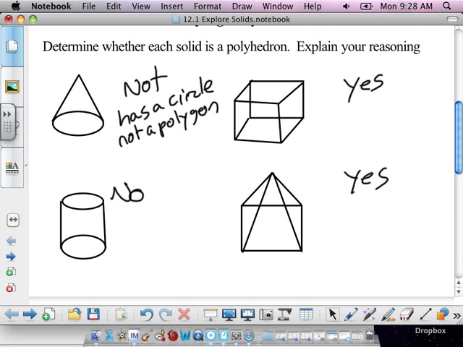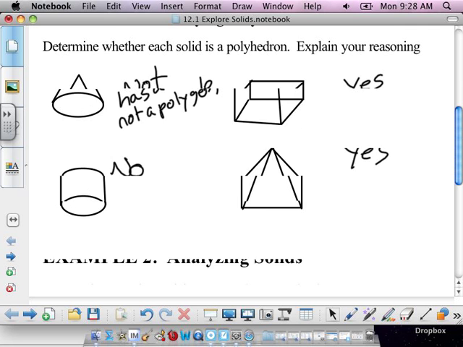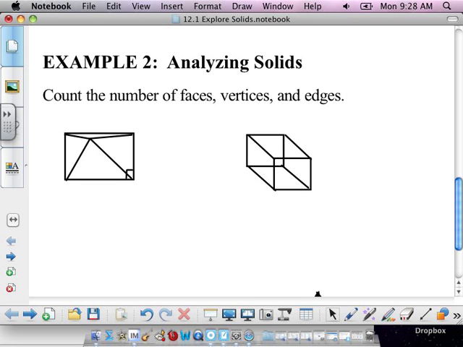Okay, let's look at example 2. Example 2, just from the pictures, we're going to count the number of faces, vertices, and edges. And then for example 3, we're going to use Euler's theorem. Okay, so let's start with the number of faces. Do you guys want me to get out the 3D shapes?